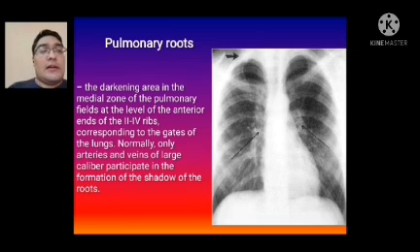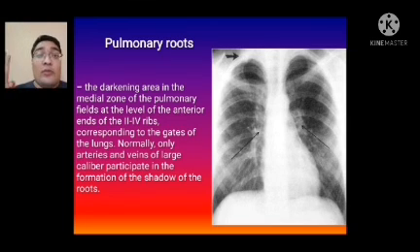Roots. As it's shown, these are the main blood vessels of the lungs. What does that mean? It means that it's giving us information about the main arteries and veins of the lungs. You need to know that it's not showing us the bronchi. Bronchi are normally not seen if there is no inflammation, or if they are not filled with connective tissue.